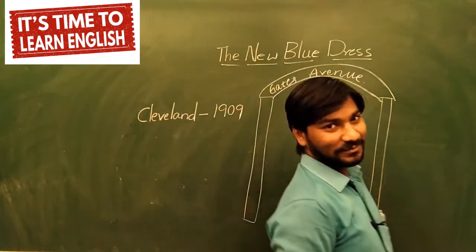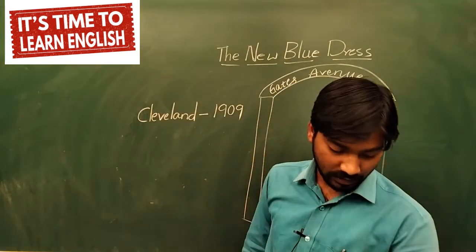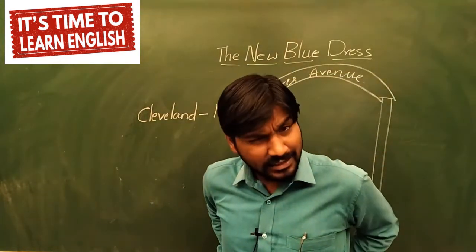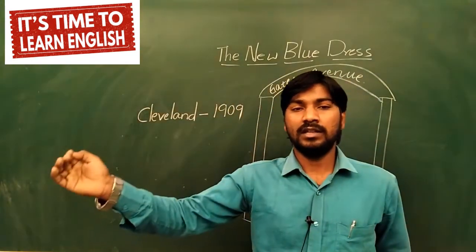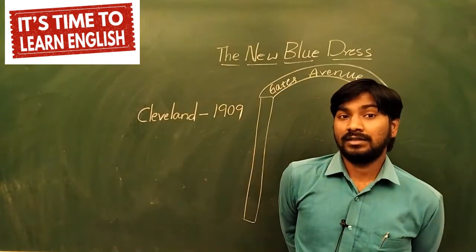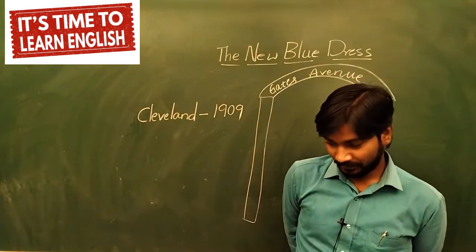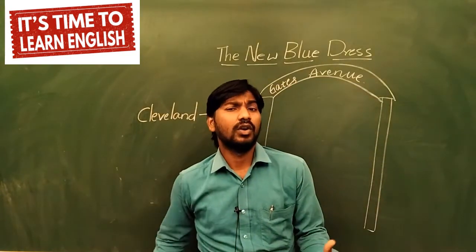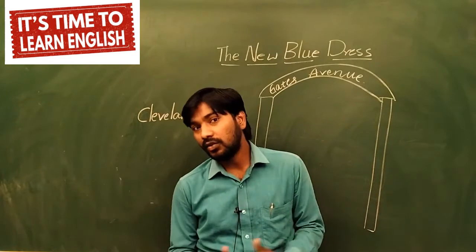So, seasons changed. Why do they mention that when spring came to the city of Cleveland in 1909, it did not change Gates Avenue? Seasons will change the climate, the atmosphere, the weather, and the people's mind. When it is summer, it is too hot. When it comes to winter, it is very cold.